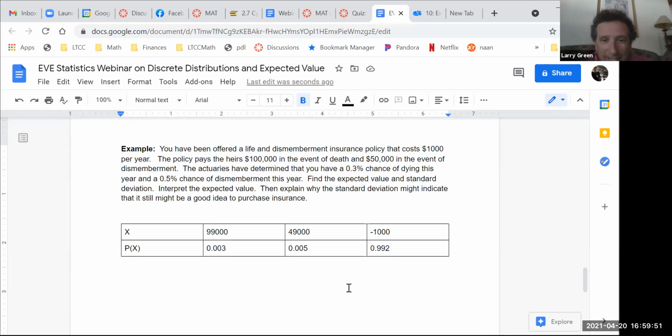Standard deviation is really big, by the way. So yeah, if you got a big standard deviation, it shouldn't be a trillion, but it's not going to be small. Yeah, a big standard deviation is a good thing.